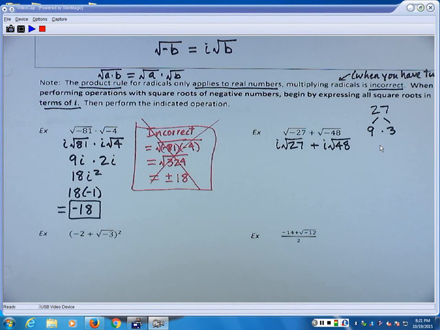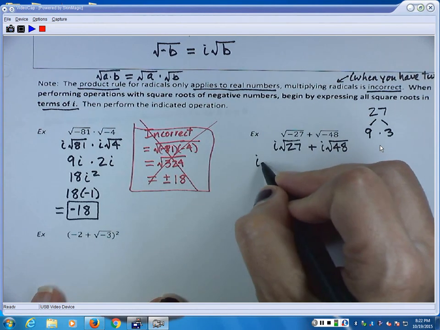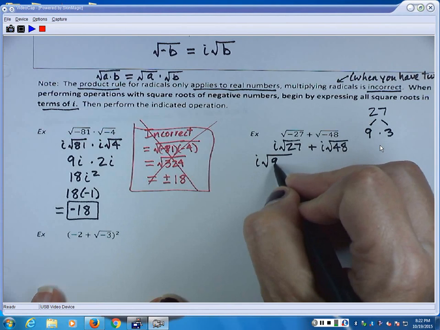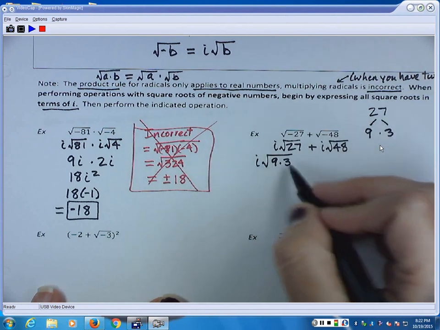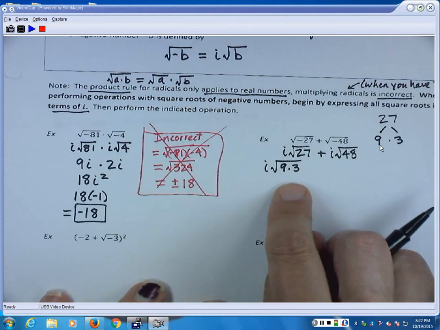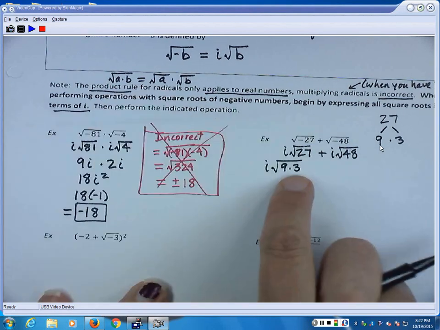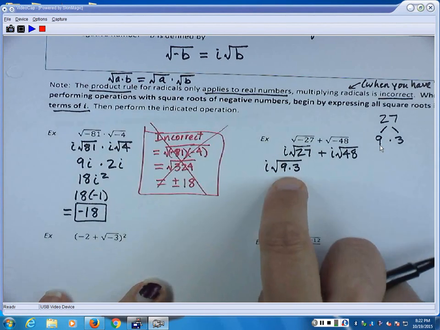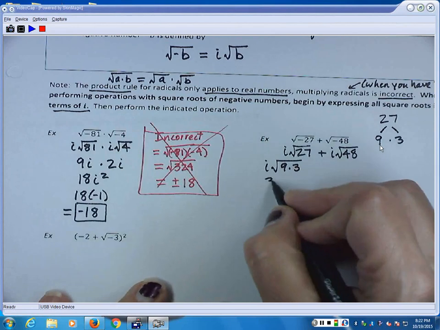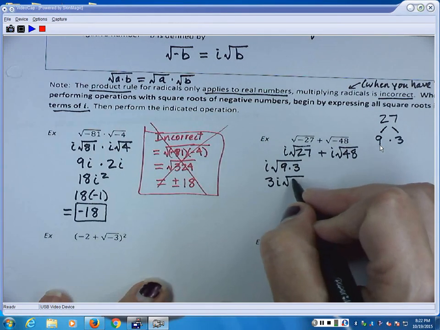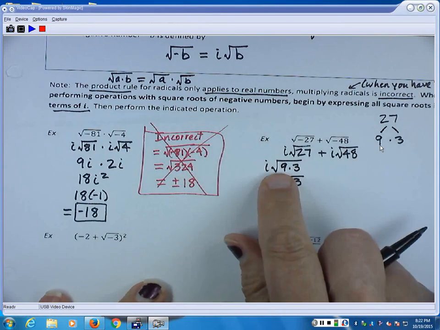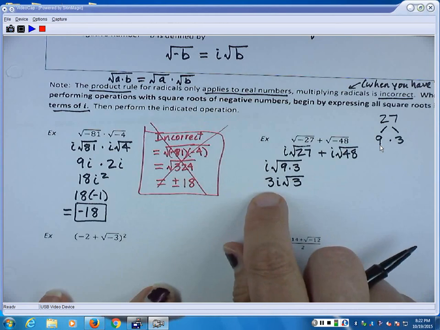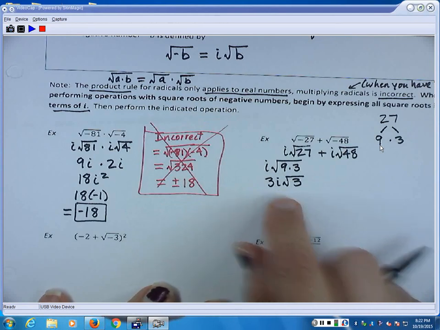So this is going to be i times the square root of 9 times 3. And we can separate these now like this, because they're all positive, we can use this rule. And so that's 3i square root of 3, because we went ahead and took the square root of 9 and got 3 and brought it out, wrote it in front of the i.